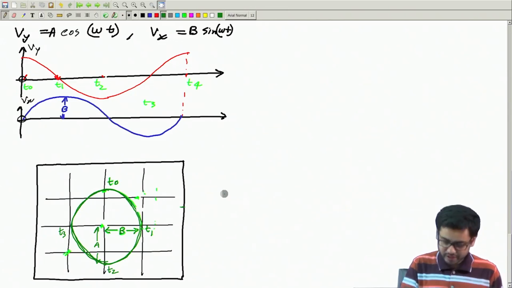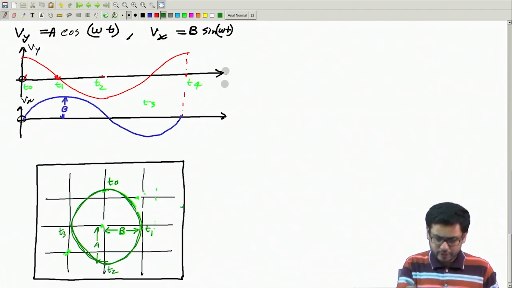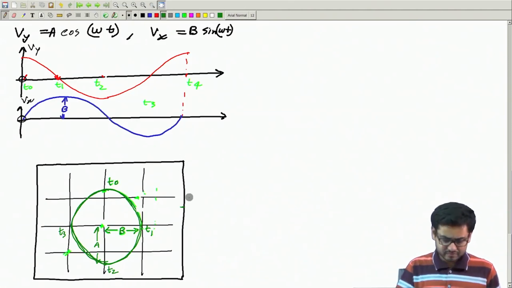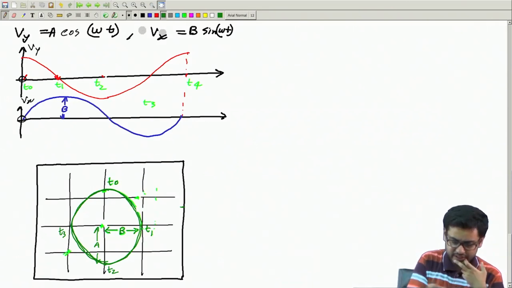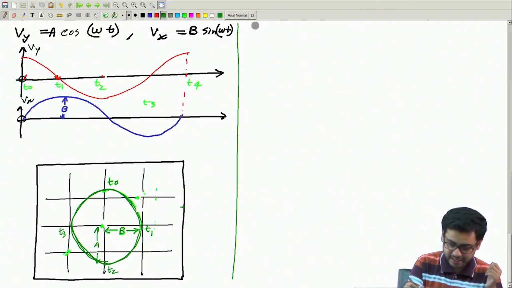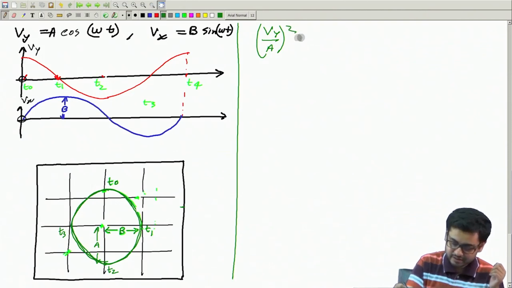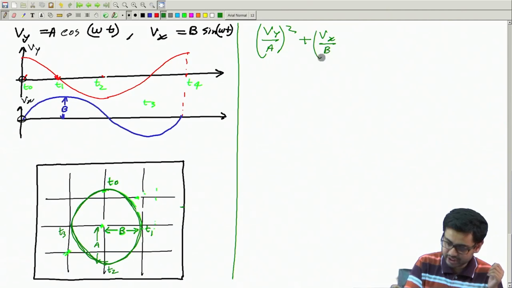And you can also verify this. You can write the equation as Vy divided by A, squared, plus Vx by B, squared.